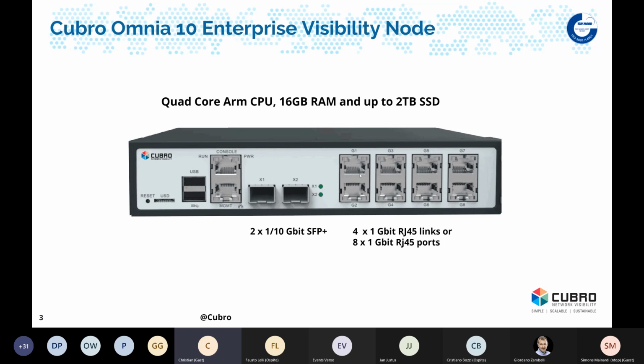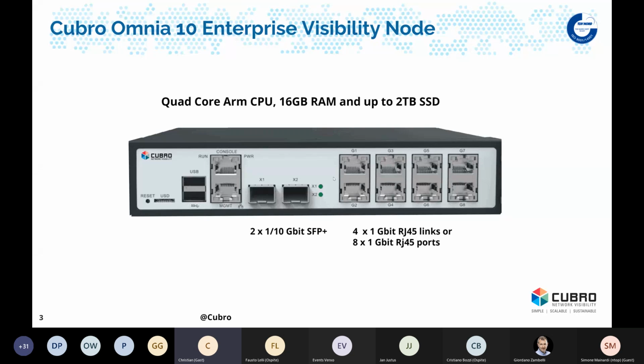Omnia 10 is a half 19-inch box at a reasonable price. We have 4 link ports, so 8 ports, and the bypass tap is included. Then we have another 2 10 gig ports for aggregation or for 10 gig inputs, and a console port. But what makes it different from a normal packet broker?